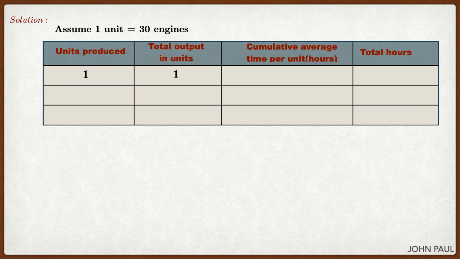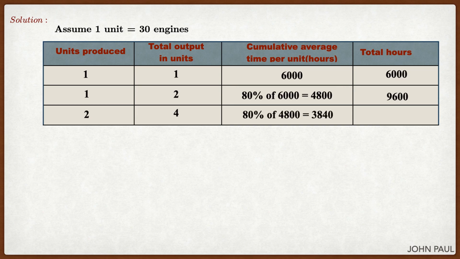We will take 1, it takes 6,000 hours, then 1 plus 1, 2, 80% effect, that is 4800 into 2, 9600. 2 plus 2, 4. 80% of 4800 is 3840. 3840 into 4, 15360.